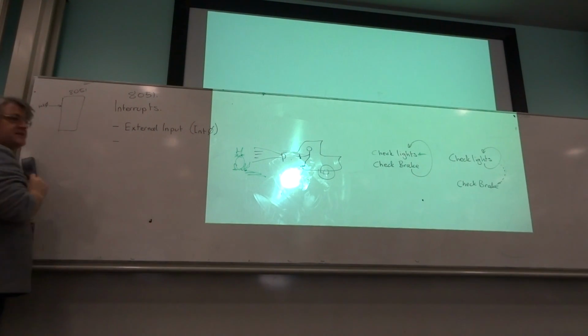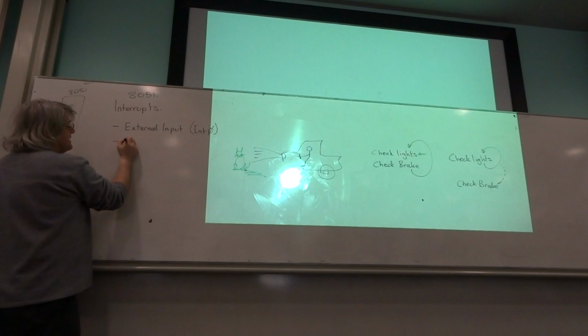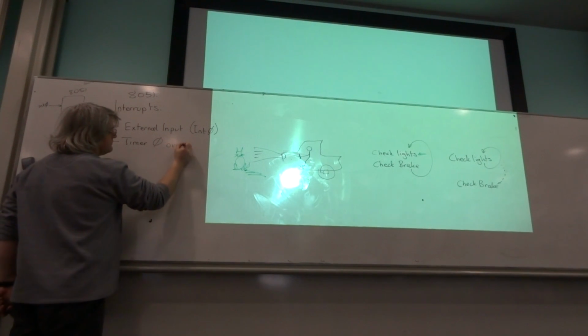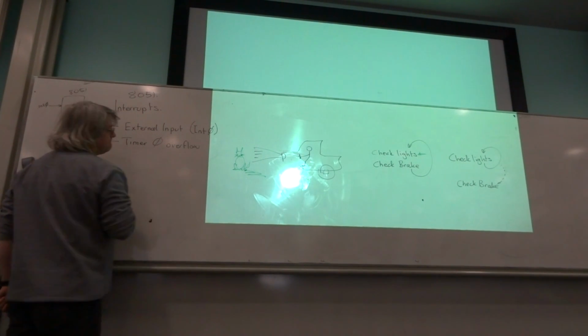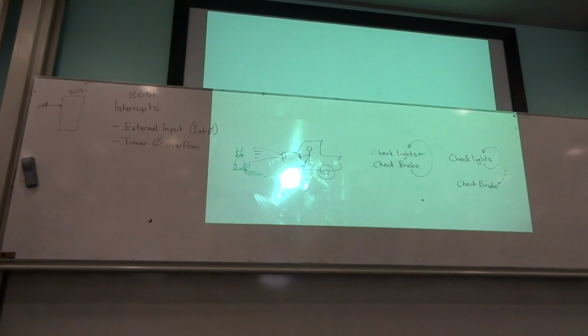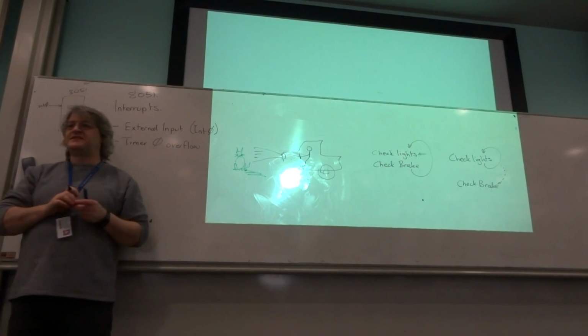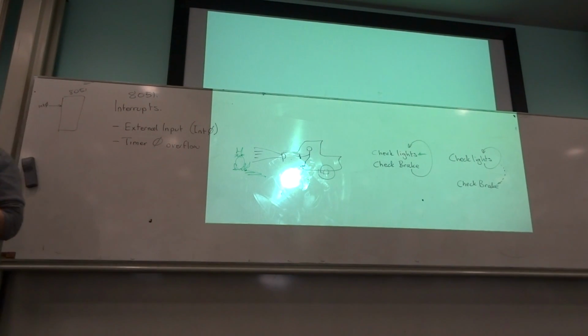The next one, and I'm writing these in a particular order, is timer 0 overflow. So we've been doing lots of stuff with timers, and so far we've been having to check that TF flag to see if it's gone high.